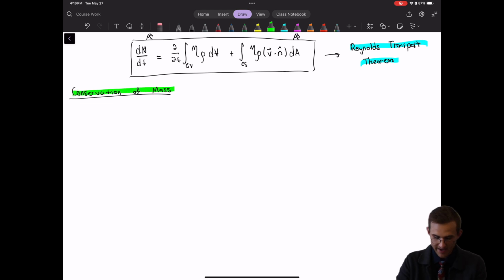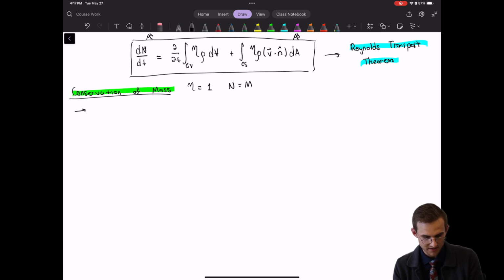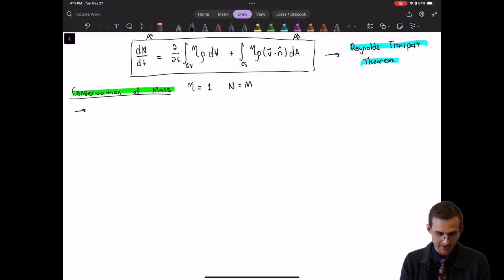So in conservation of mass, eta just simply becomes 1, because our extensive property that we're trying to track is the mass itself, right? So let's see, we don't have any relativistic effects here.